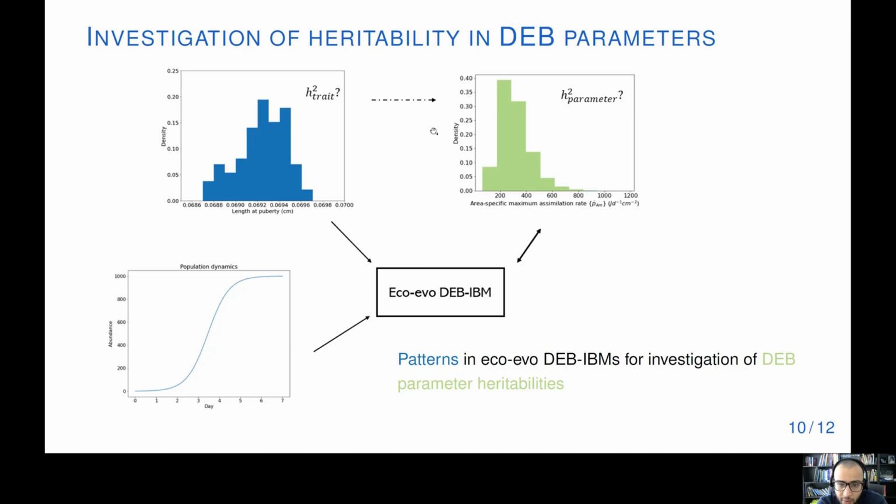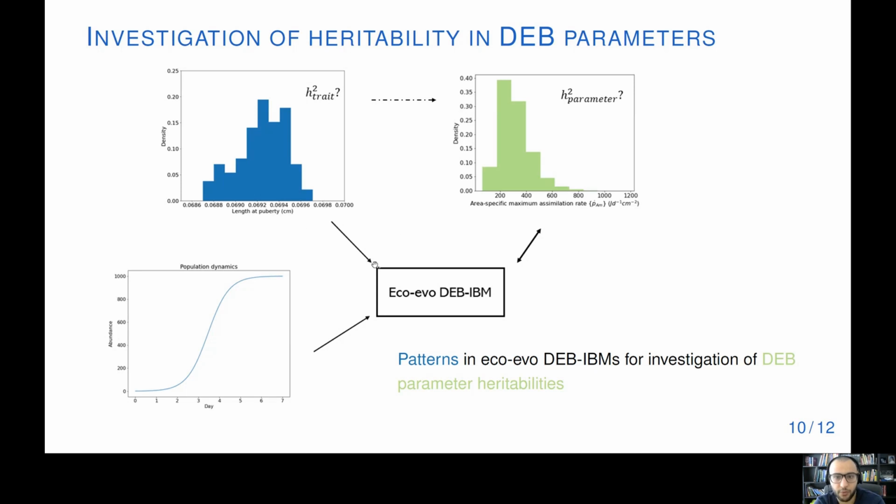Recent work within the DEB community also increasingly revealed this importance of estimating interspecific variability in DEB parameters. But for this purpose, eco-evolutionary DEB-IBMs might actually provide an interesting tool when combined with a pattern-oriented modeling approach.